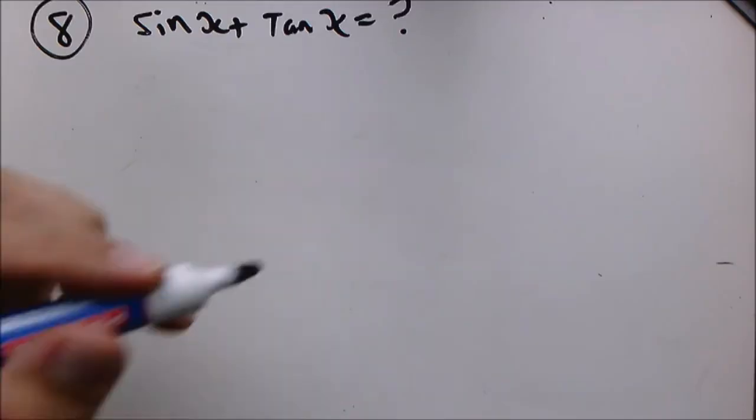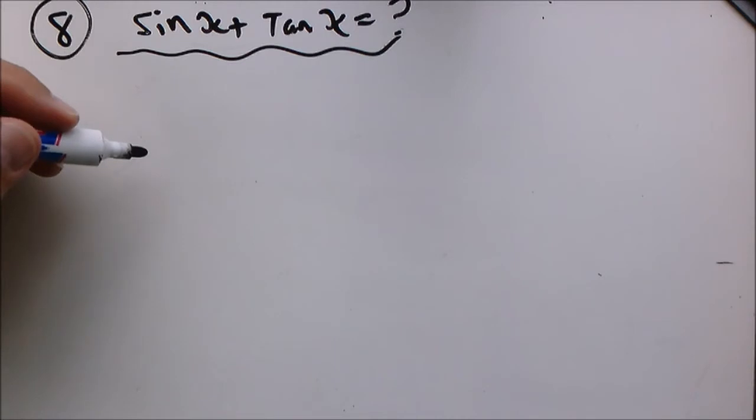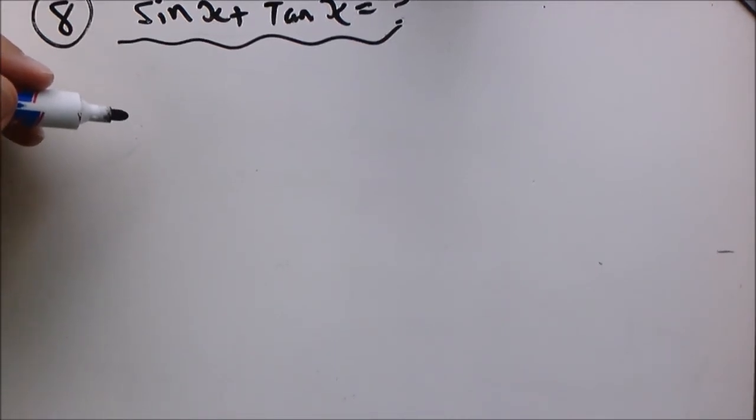Okay, so number 8 states the following. It says determine the value of sin x + tan x if, and then they give us this expression. So sin x + tan x, that's what we want to solve, but the information given is as follows.